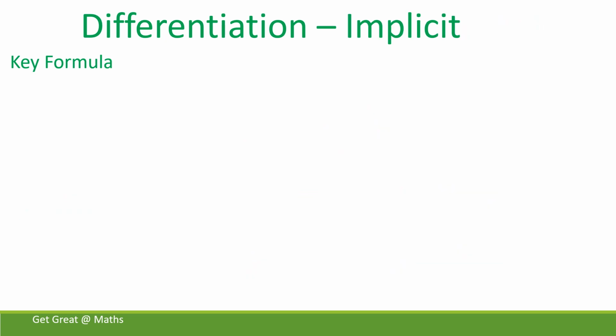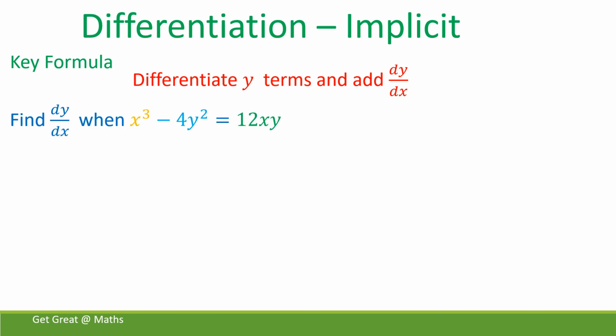Differentiating implicitly normally links in with the product rule. Now, when you're differentiating implicitly, you need to differentiate any y term, and then basically you add dy by dx when you differentiate any y term. So if I'm going to find dy by dx when x cubed minus 4y squared is equal to 12xy.